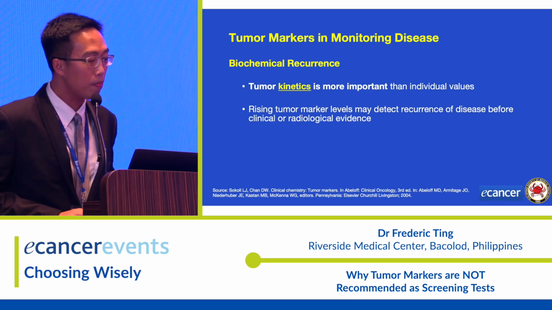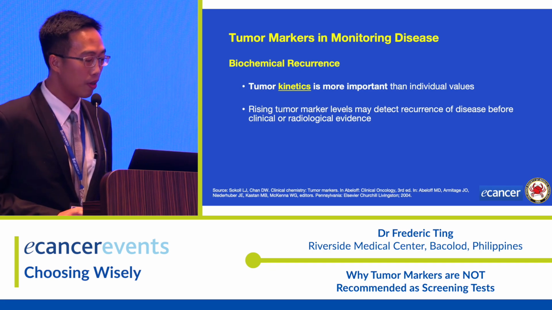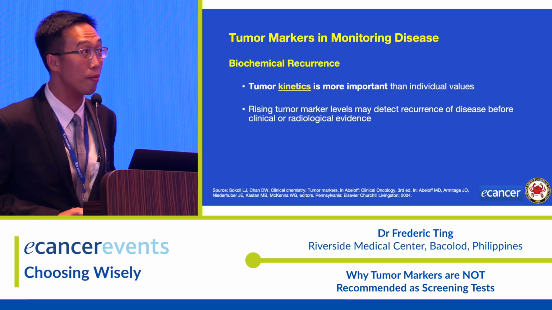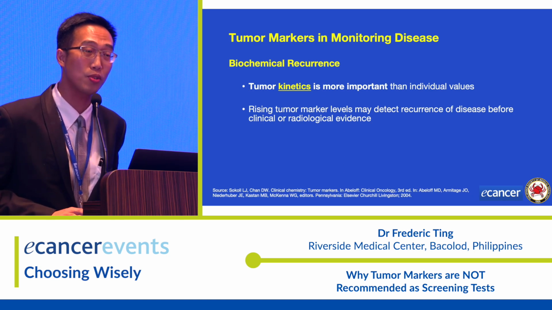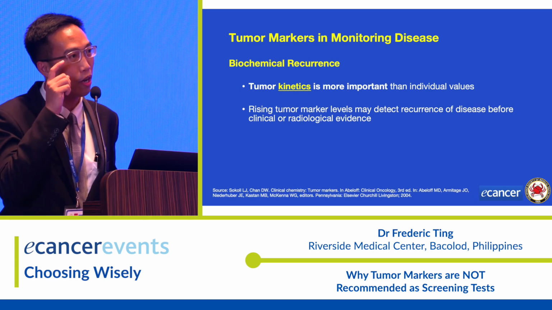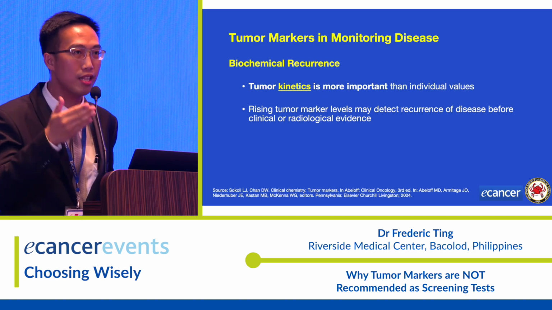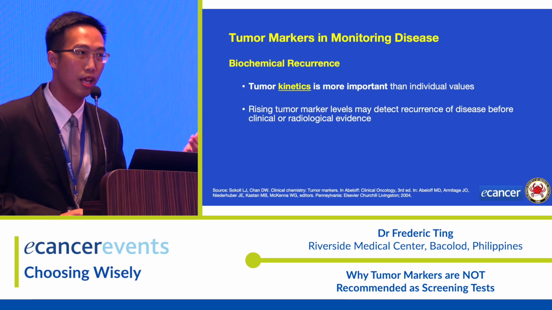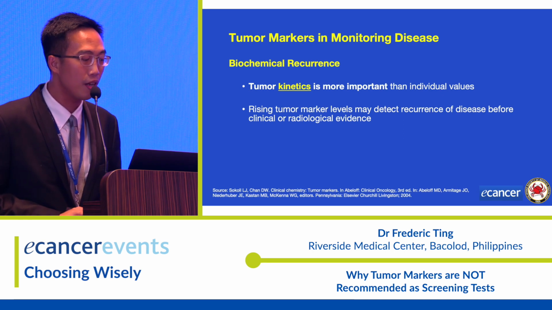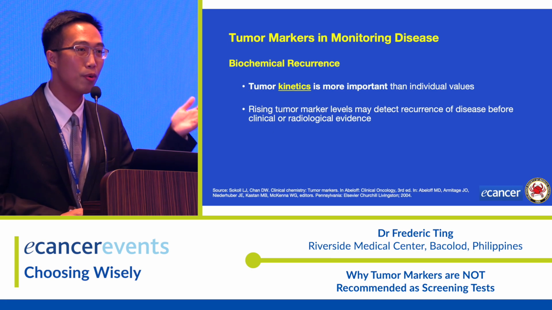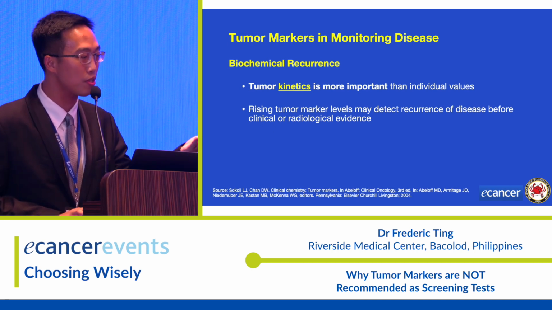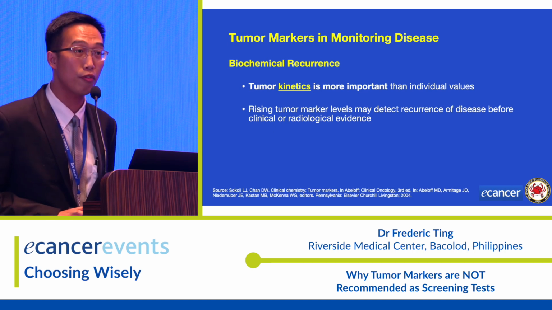So when we talk about biochemical recurrence, it's important to take note that tumor kinetics is more important than individual values. So as much as possible, we try to see the trend of the differences in tumor markers, whether it becomes elevated or decreased, because it's important to see the time progression, how it progresses over time, more than the individual values that patients show us during their first consult.